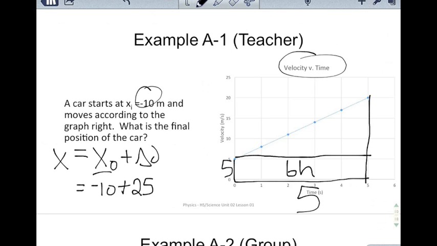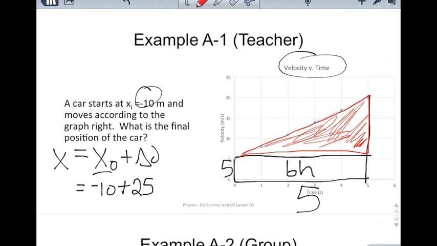But realize that's not the entire area of the graph. You can also say that you have a triangle right here, which is also under the graph. So you can find the area of that triangle.